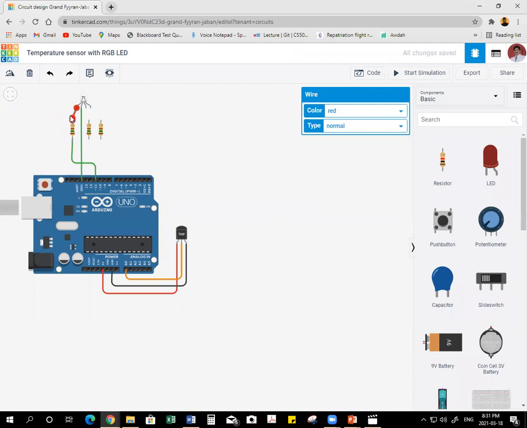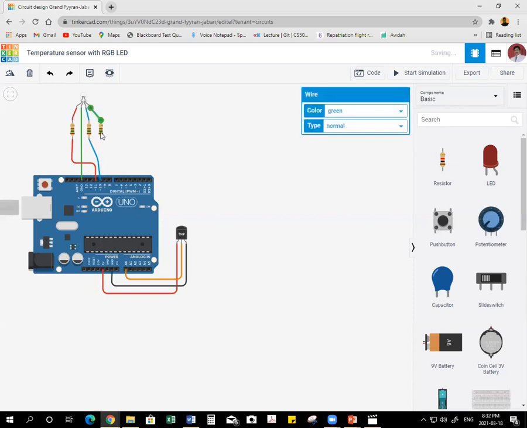Red, green, blue. This is connected to here. This is blue, I can say. Next, blue.